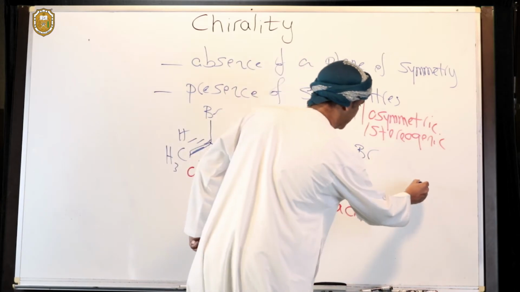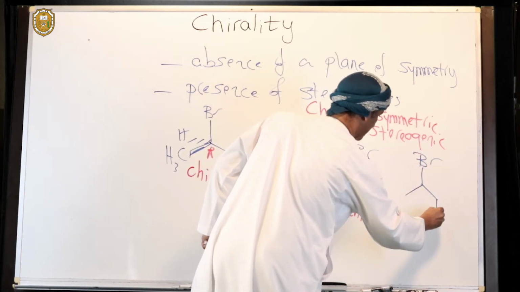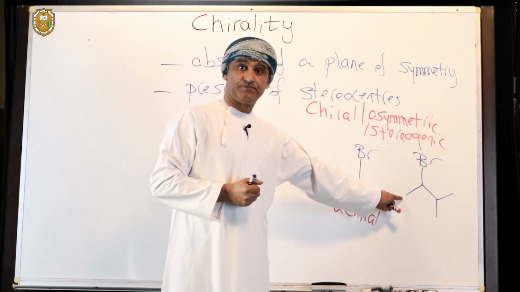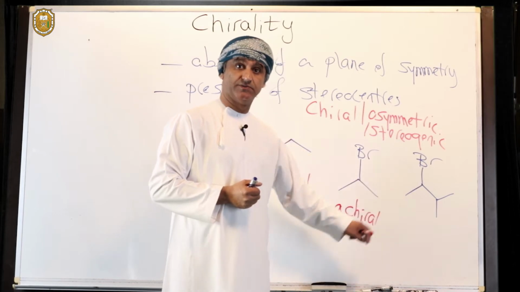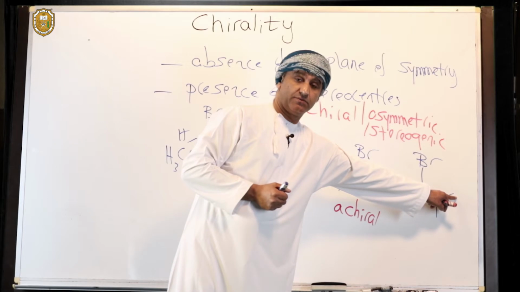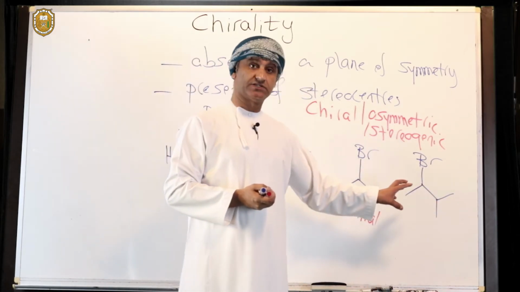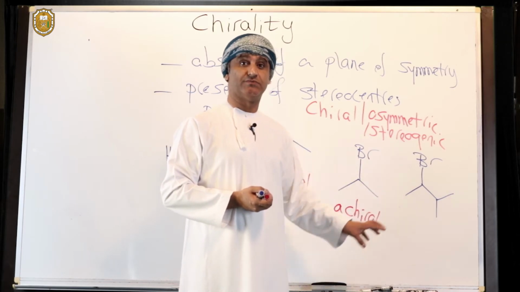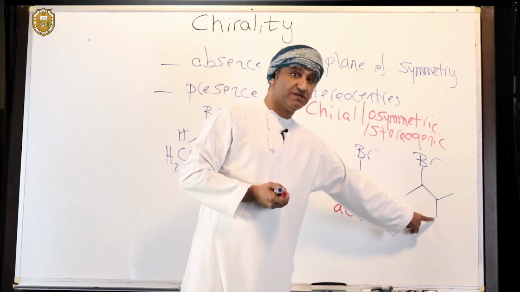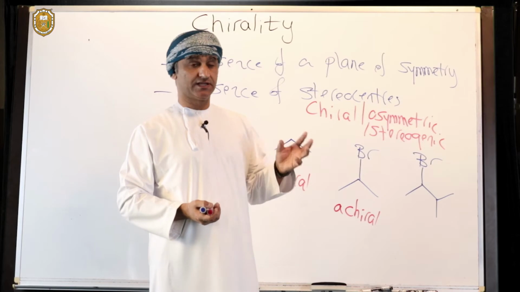If you take something like this, now, of course, this carbon is not chiral because it's not surrounded by four different groups. This carbon, that one here, the carbon on the right side, is not chiral either because it's not surrounded by four different groups. It's only surrounded by three hydrogens and, of course, this alkyl group. This methyl group is also not chiral because, again, it's surrounded by three hydrogens and the alkyl group.